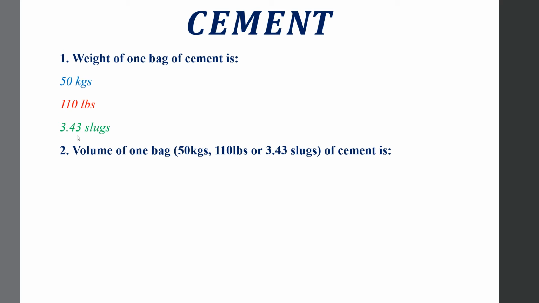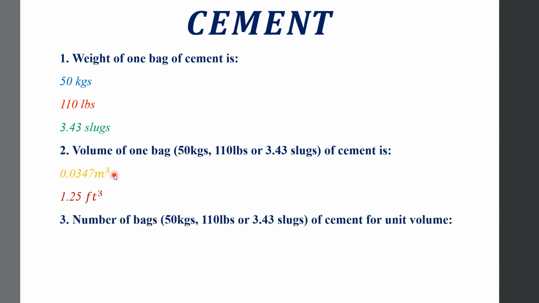The volume of one bag of 50 kgs of cement is 0.0347 meter cube, or 1.25 feet cube. So if we have one bag of 50 kgs of cement, its volume will be 1.25 feet cube and 0.0347 meter cube.